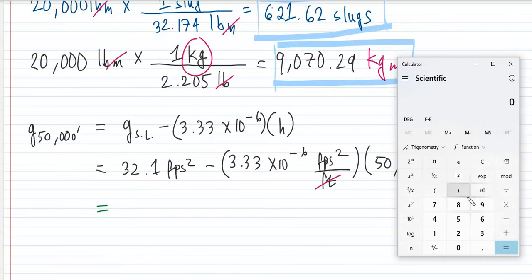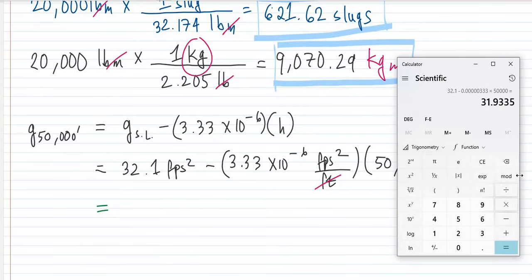So again, we have 32.1 minus 3.33, the exponent negative 6 should be on top, okay, times 50,000.